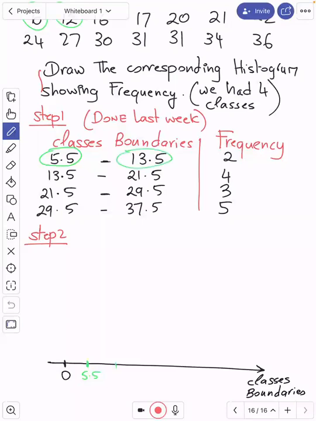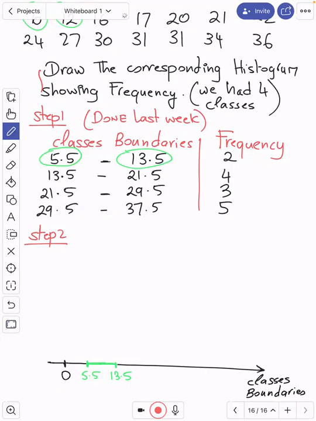So here is 13.5. What I'm saying, guys, is that this interval actually represents the first class, okay?